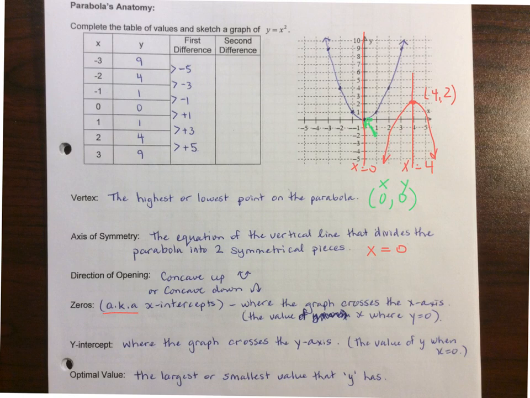So the parent graph only has the one x-intercept, but it's possible, like that other one I drew, you could have two x-intercepts, or in some of the examples we did earlier, we had two x-intercepts. The y-intercept is where the graph crosses the y-axis, which for the parent function also happens to be 0.